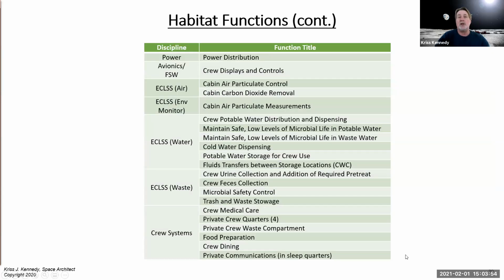This is actually a good checklist for you to look at. Here are some additional functions having to do with water or ECLSS closure, water and waste reclamation, and so on. The ECLSS air monitoring and control and things of that nature.